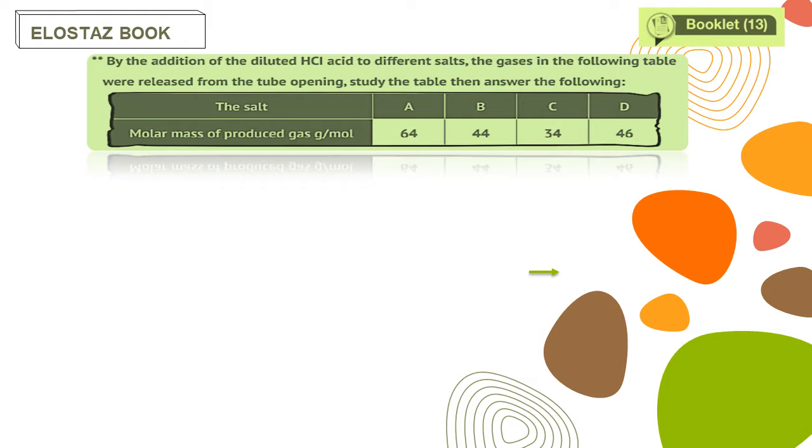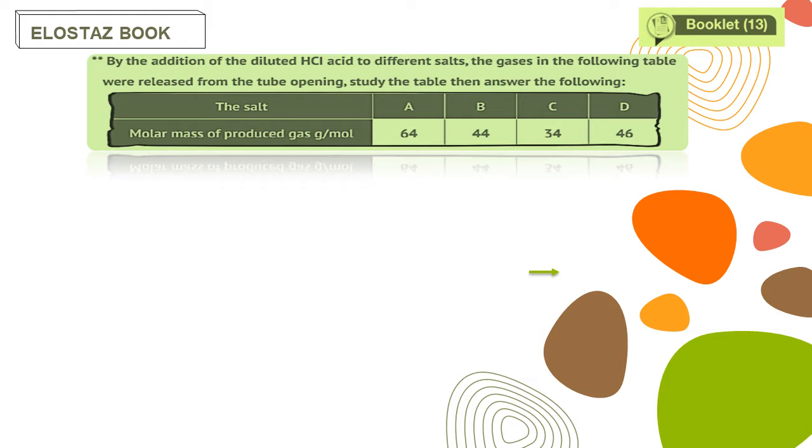We have different gases and the molar mass of each, in the unit gram per mole. We have gas A with the molar mass 64, gas B 44, gas C 34, and gas D 46.